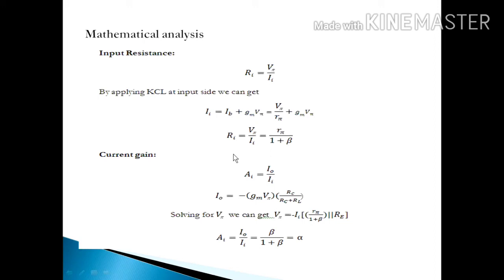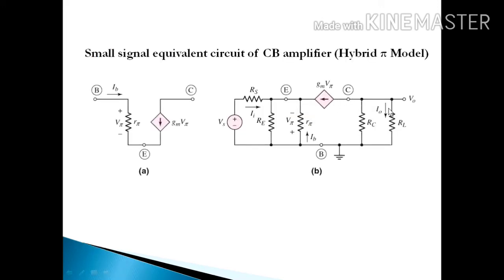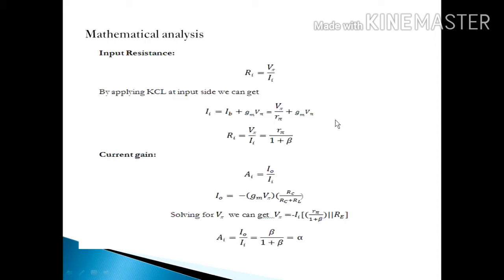Next, we have to calculate the current gain which is related to your CB amplifier. Current gain is the ratio of output current divided by input current. So according to your small signal model, the output current Io will be calculated based on minus gm into V pi because it is flowing in the opposite direction. So minus gm into V pi into the corresponding resistance ratio RC divided by RC plus RL.